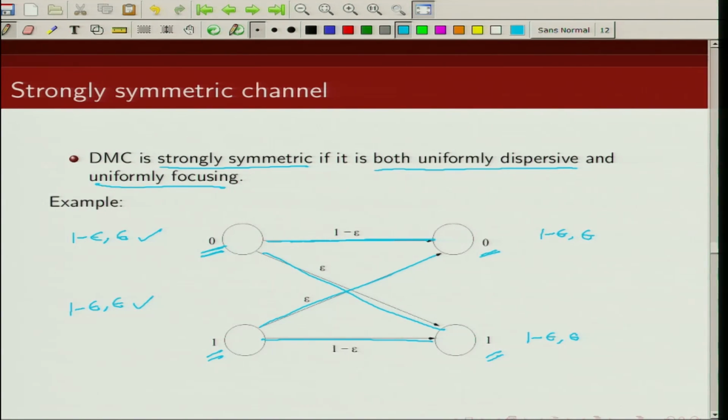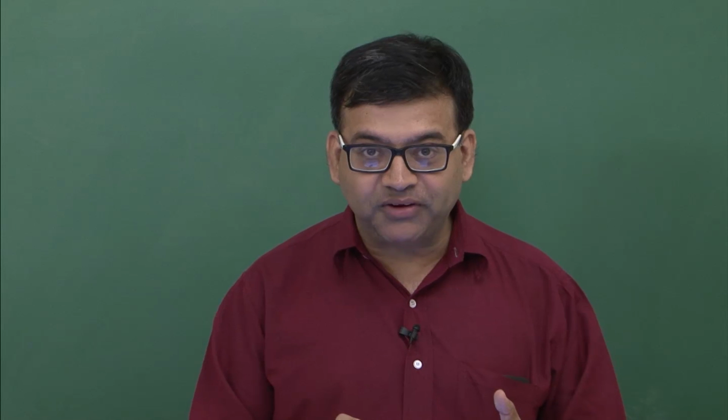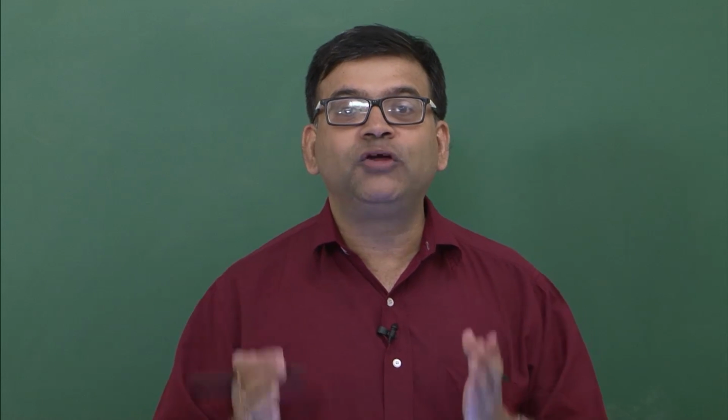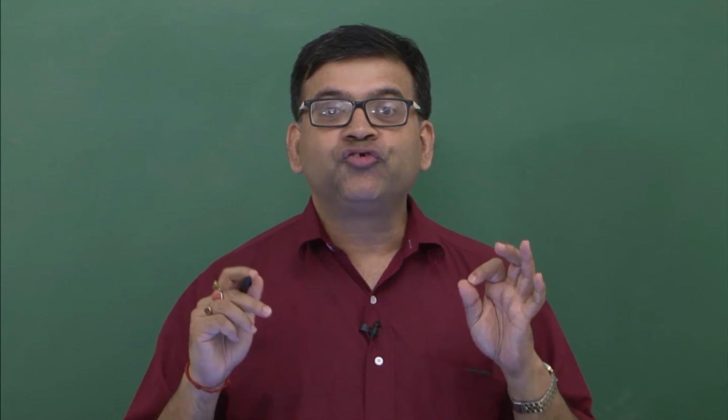These probabilities, again when arranged in descending order, are the same no matter what my output is. So, this is an example of a uniformly focusing channel. This is a uniformly dispersive channel as well as a uniformly focusing channel, so this is a strongly symmetric channel.